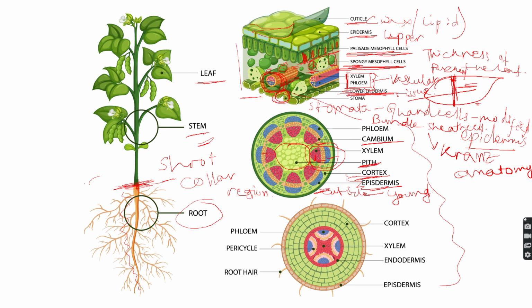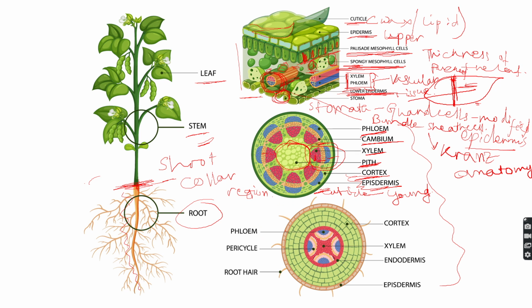So this is the structure of your stem. You have to be careful that phloem is always on the outer side and xylem is in the inner part, and in between this xylem and phloem there is cambium tissue, and cambium tissue regenerates the xylem and phloem at regular intervals. Okay, and this is the pith cell.